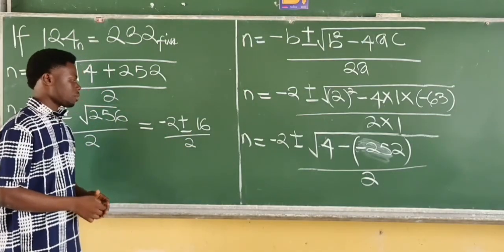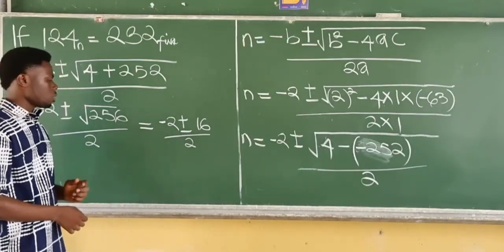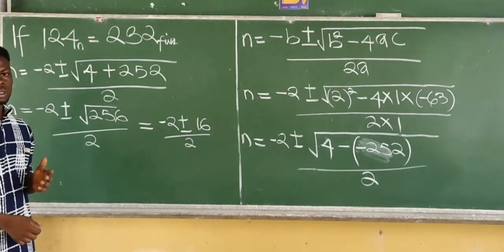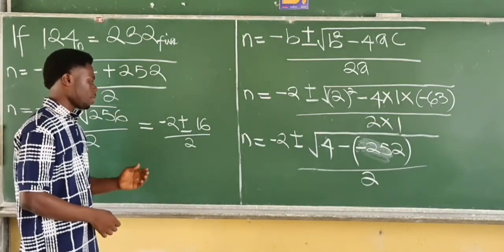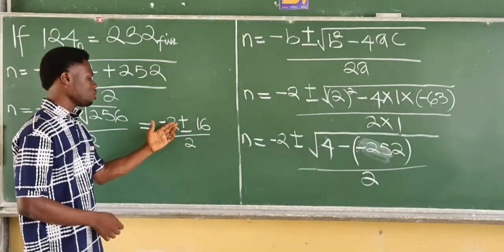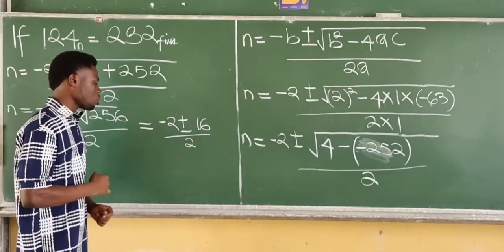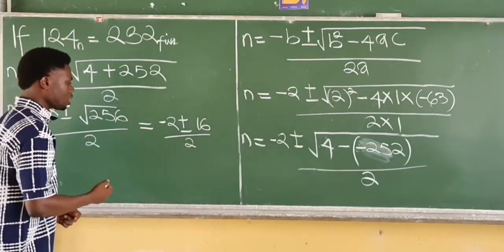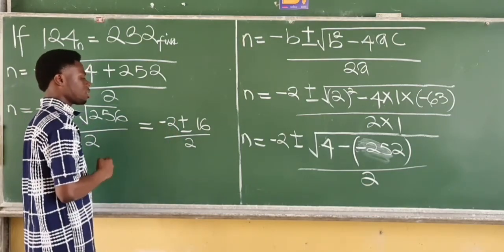So at this point, there are two signs, positive or negative. So we are going to obtain two results, which are called the roots of the quadratic equation. The first result is obtained when the positive sign alone is used and the negative sign is disregarded. Again, the second root is obtained when the negative sign is used and the positive sign is disregarded.